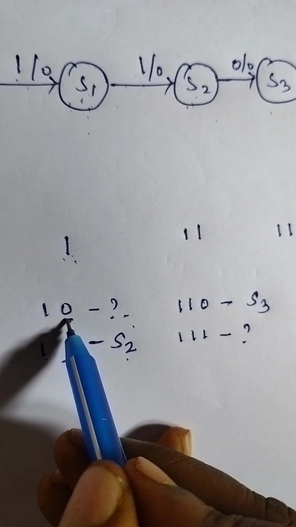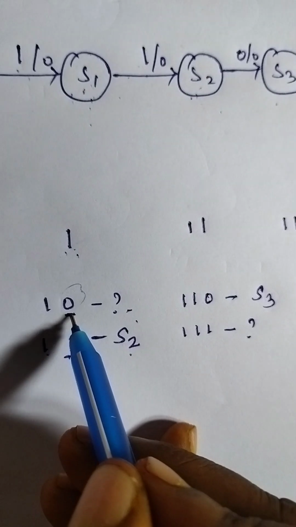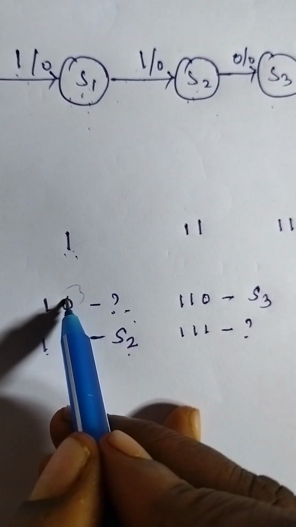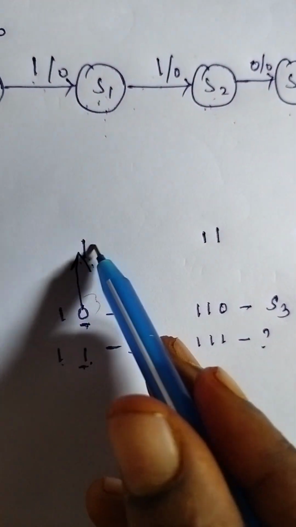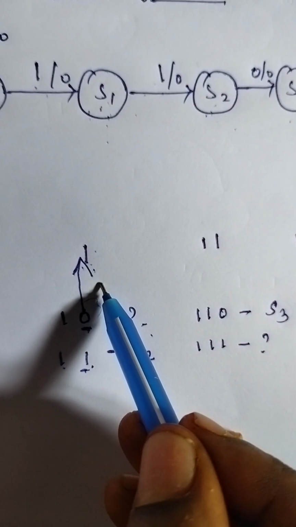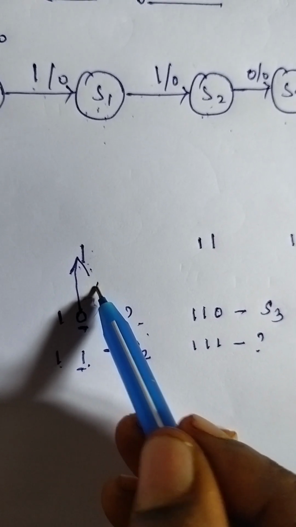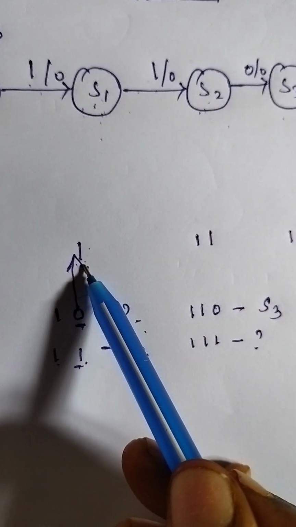Just take this bit. What is the value of this bit? 0. Just see this bit and compare with this bit. If both bits are the same, it has to be retained in the same state. I'm repeating again: take this bit and check with this bit.